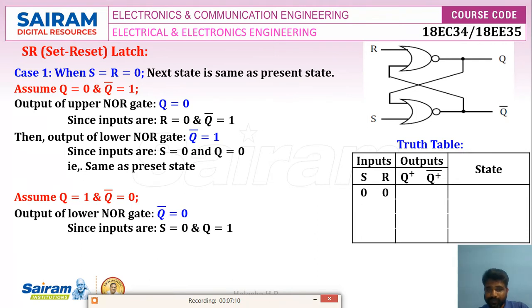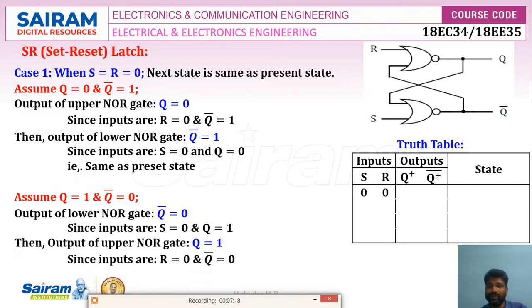Then the output of the upper NOR gate is 1, because both inputs are R is equal to 0, Q bar is equal to 0. The output is also the same as the present state. Whatever we assume, we get the same thing. So the next state is the same as the present.